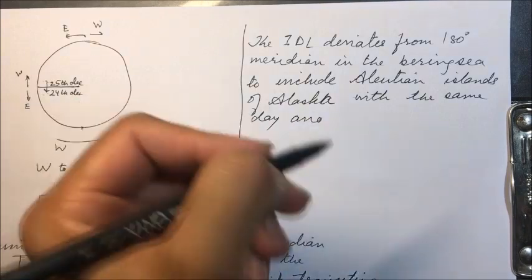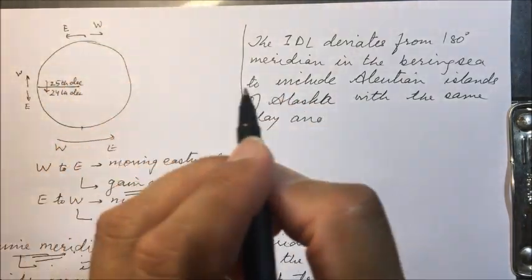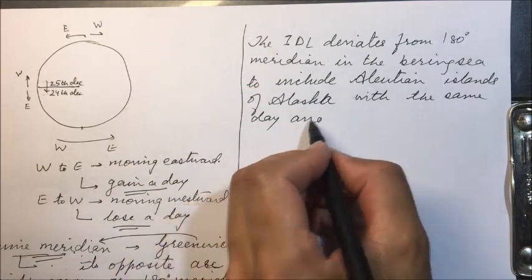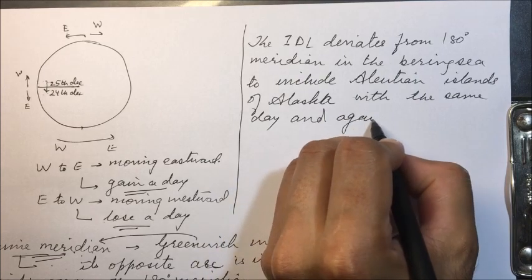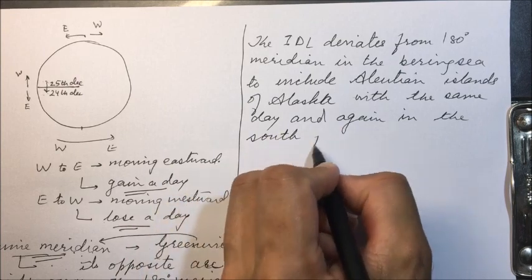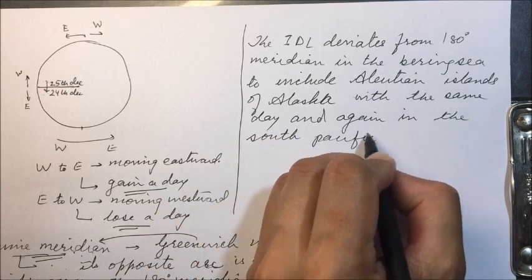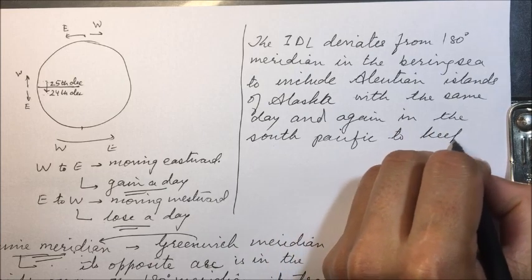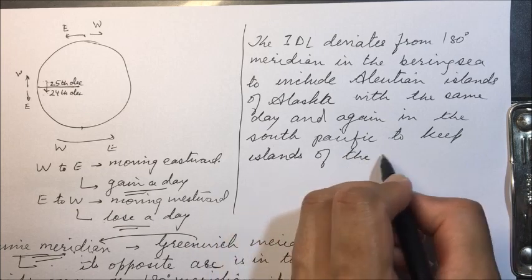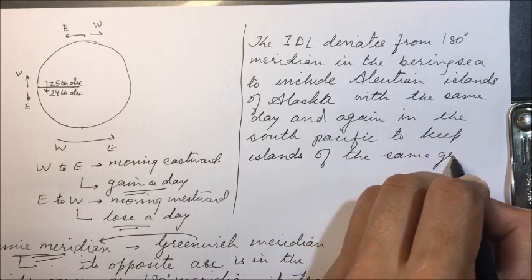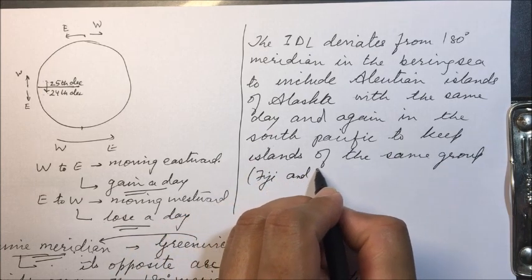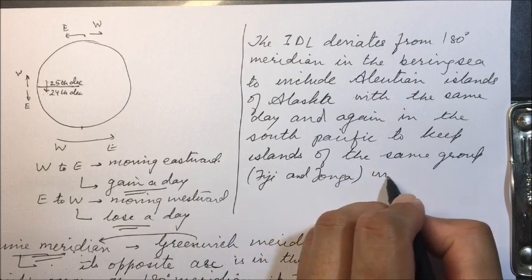And again in the south as well it deviates. So in the Bering Sea it deviates, and in the South Pacific as well it deviates, to keep islands of the same group, like Fiji and Tonga, within the same day.